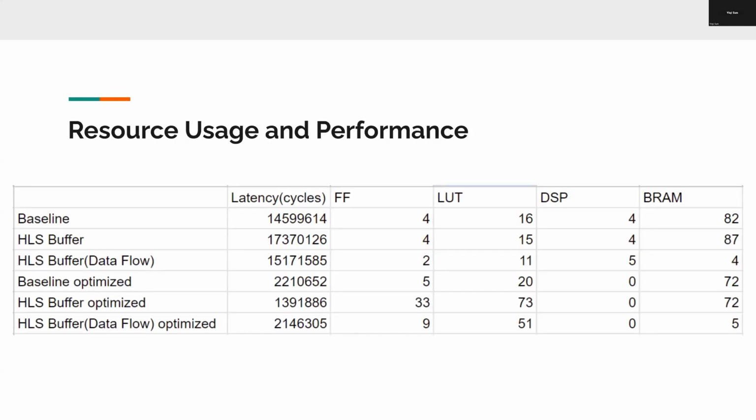By changing the data flow, implementing the line buffers and window buffers, and using HLS accelerations, we achieved about 7 times acceleration compared to the baseline design. We also reduced the BRAM usage from 83% to 5%.